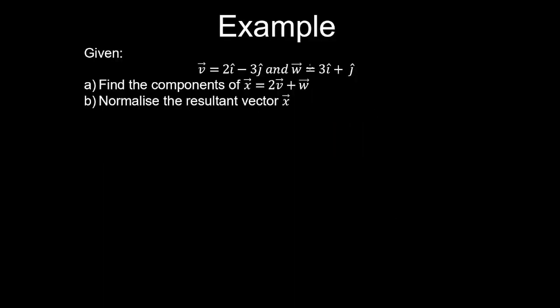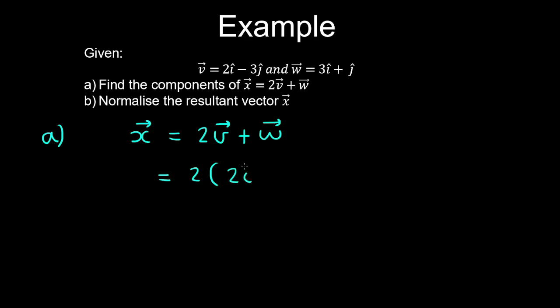Given the two vectors, find the components of the resultant vector that results from multiplying the vector V by 2 and adding the vector W. So this is part A. So what we have is 2 by the vector V, which is 2i minus 3j, plus the vector W being 3i plus j.